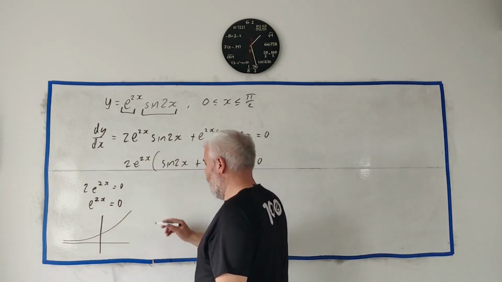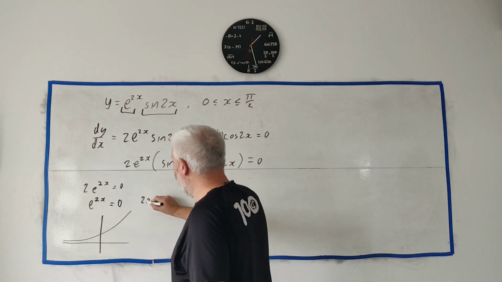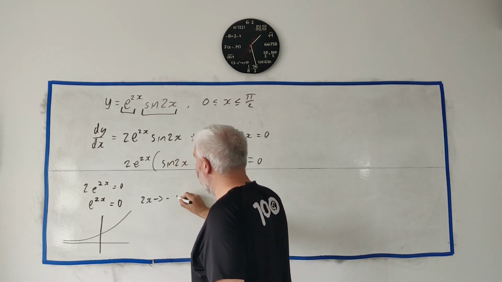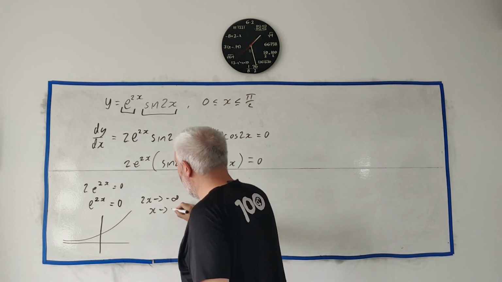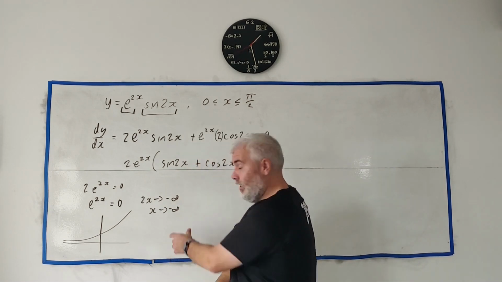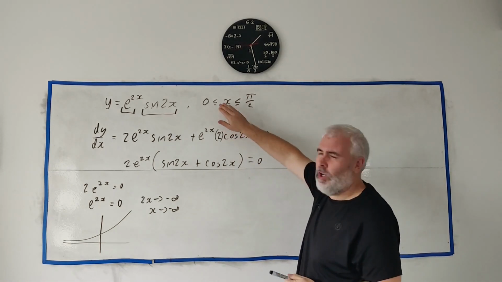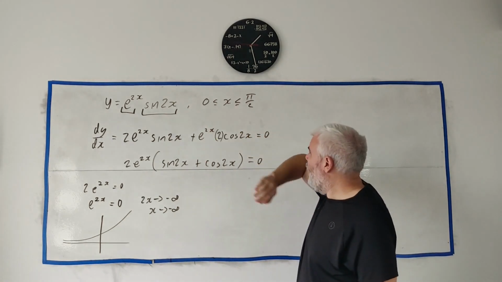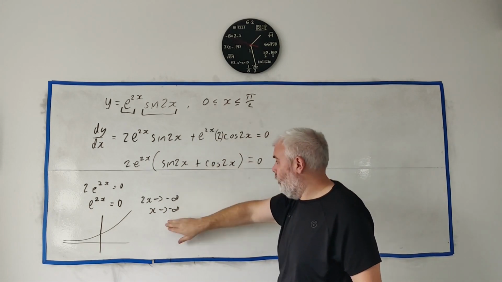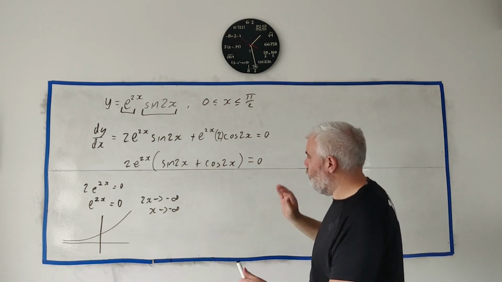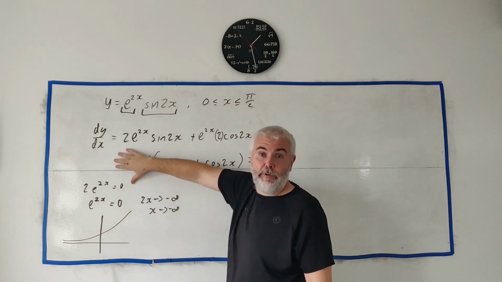So if this equals 0, then that tells me that 2x approaches minus infinity, or x approaches minus infinity. That's a perfectly okay answer, except we're only dealing with this world. So we're not interested in anything less than 0, let alone minus infinity. So we'll ignore that answer. That answer can't be right in this case.